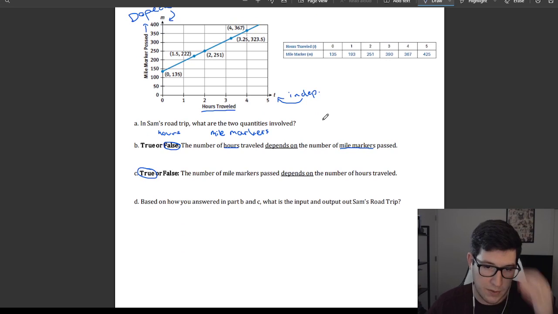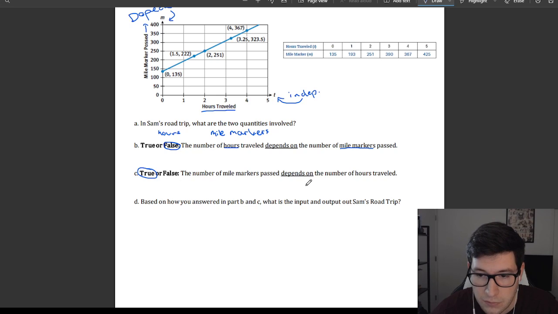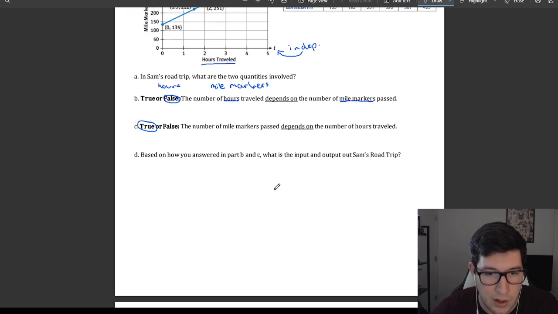So then D says, based on how you answered in part B and C, what is the input and output on Sam's road trip? Now, input and output are something that we've talked about before. We're going to kind of formally define them today. But remember that input is really another way of saying our independent variable.